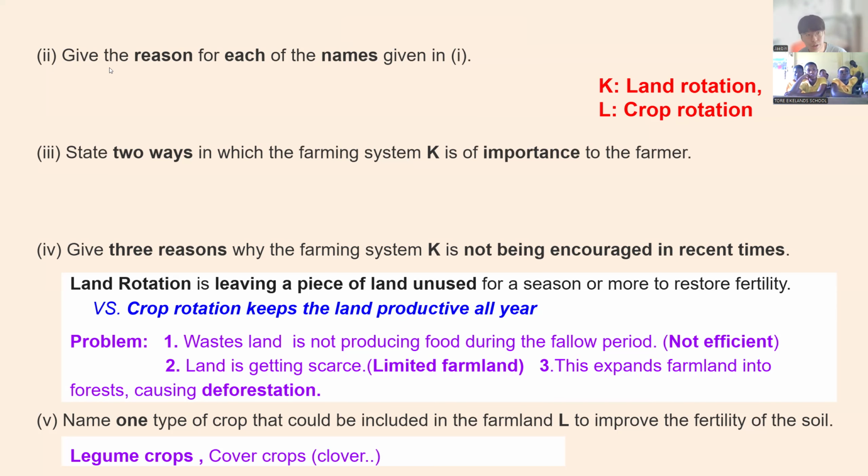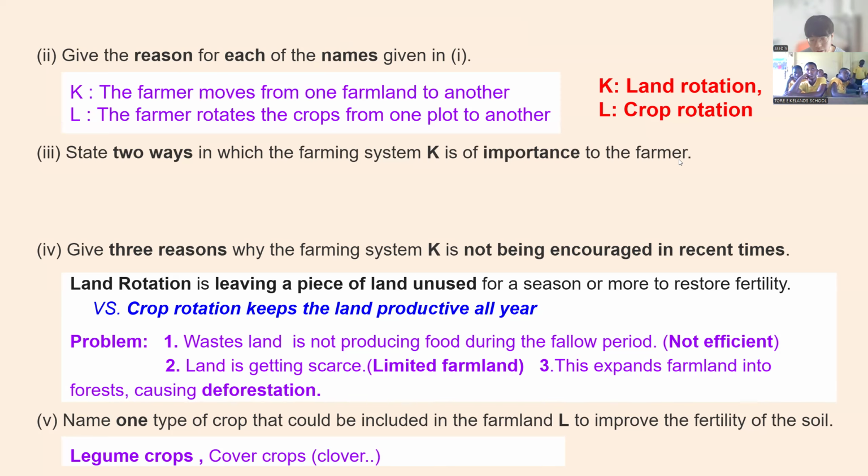Number two states to give the reason for each of the names given in one. So we've already talked about this. So K is land rotation because the farmer moves from one farmland to another. So you're rotating the land.